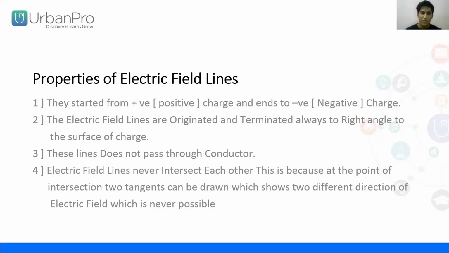Suppose there are two electric field lines intersecting each other at a point. They would provide two directions, and the same point cannot have two directions. That's why electric field lines never intersect each other.